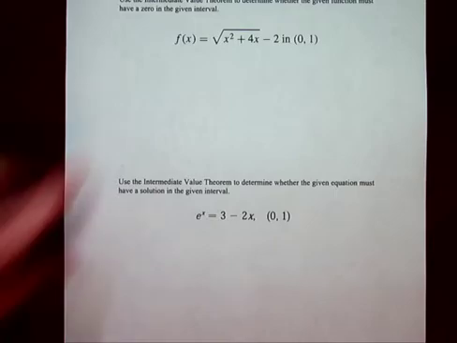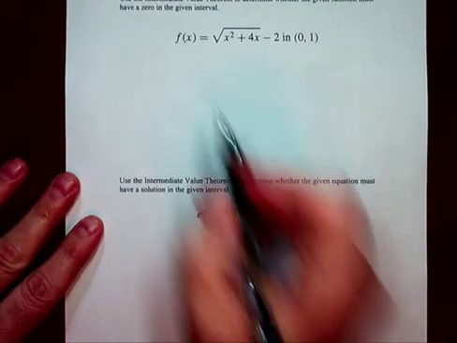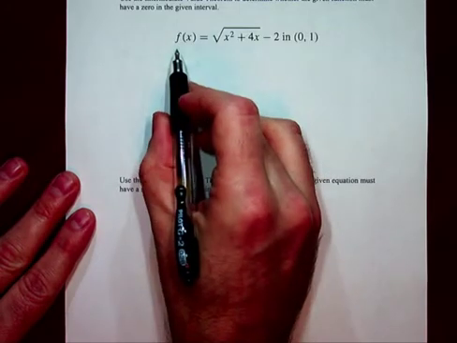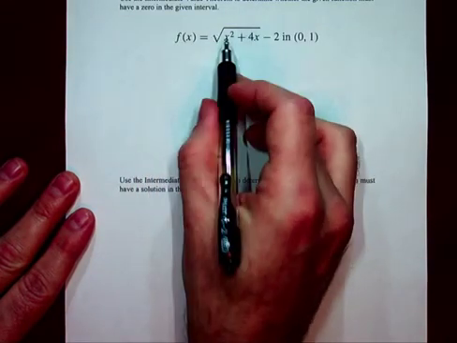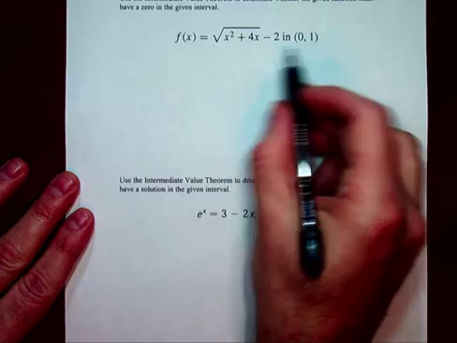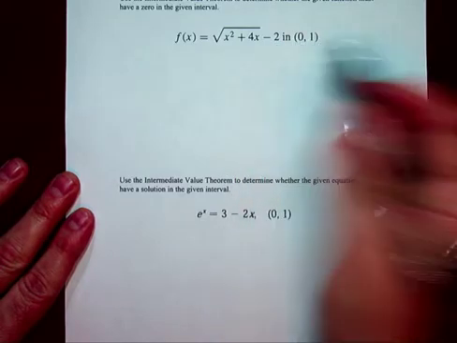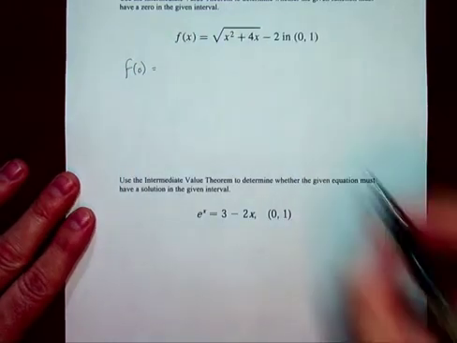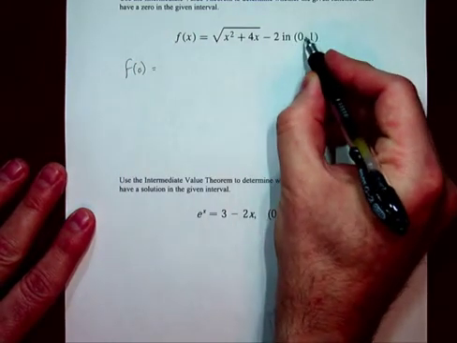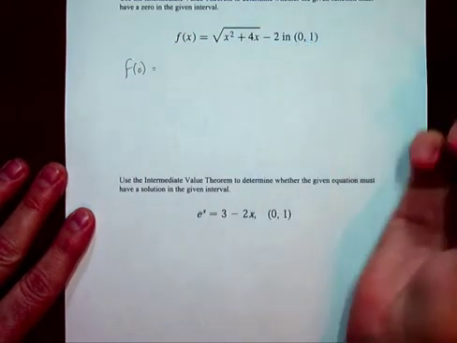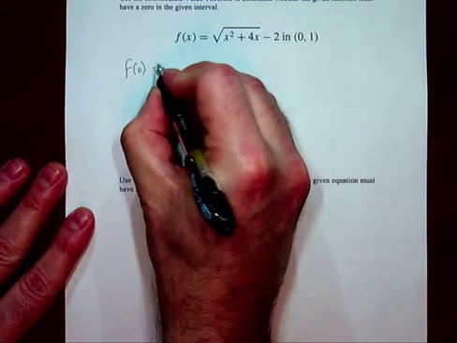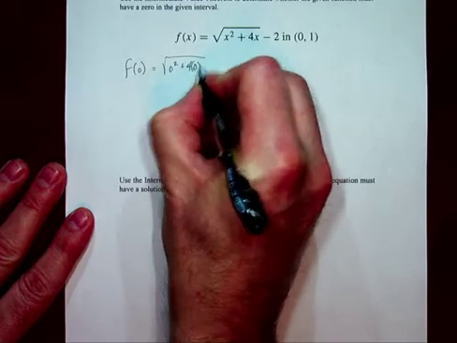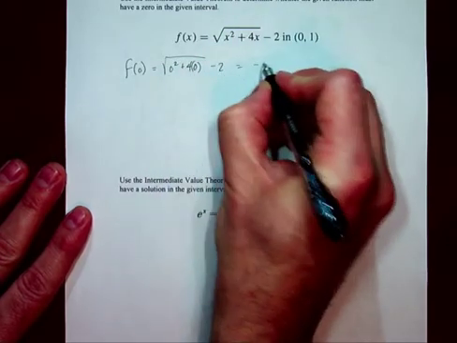All right, let's go ahead and look at one more in terms of a function, and then we'll look at an equation one. Okay, so f(x) is equal to the square root of x squared plus 4x minus 2 on [0, 1]. Well, it's worded a little bit differently, but you're still dealing with an interval, and you're still looking at the endpoints of that interval. So what you have here is the square root of 0 squared plus 4 times 0 minus 2, or -2.